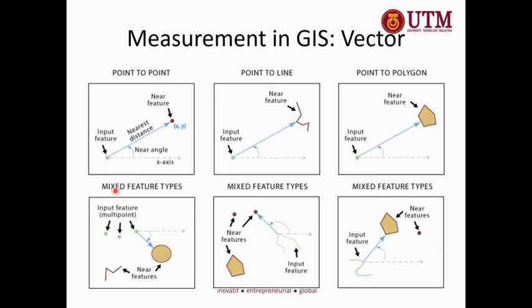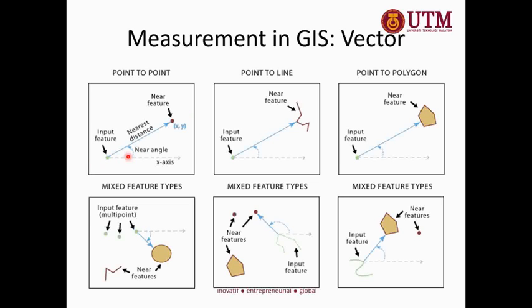For vector, it's maybe simpler because we're using the Pythagoras theorem. If you know the surveying part, the field survey, you can get the angle and distance, and you can get the x and y coordinates, and from the coordinates you can convert into angle, degree, and also the distance.